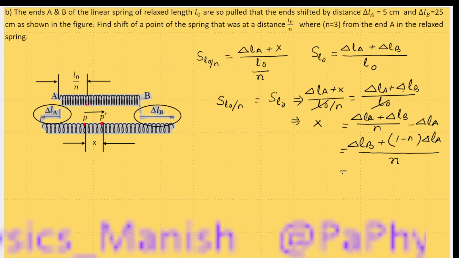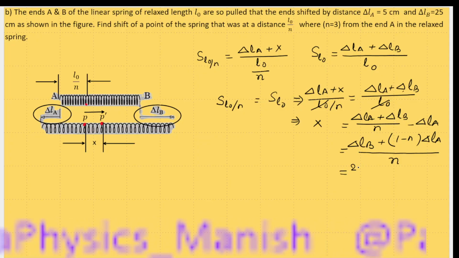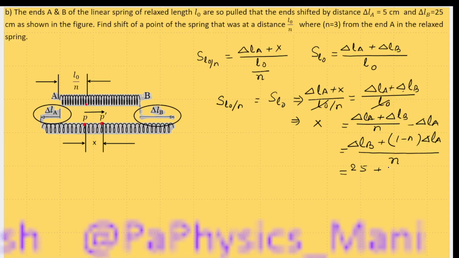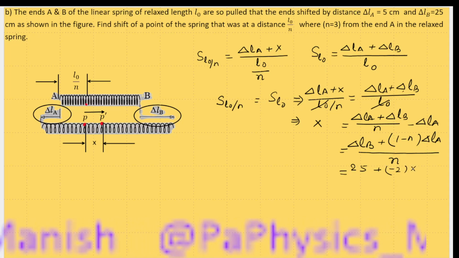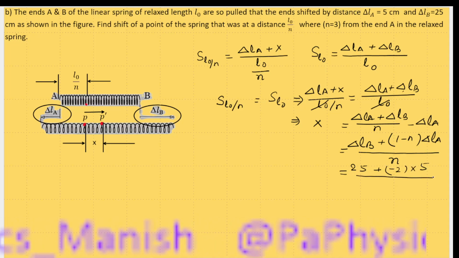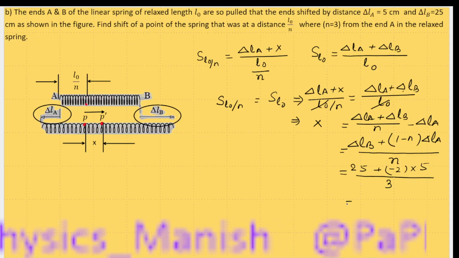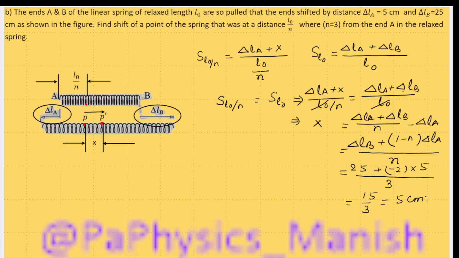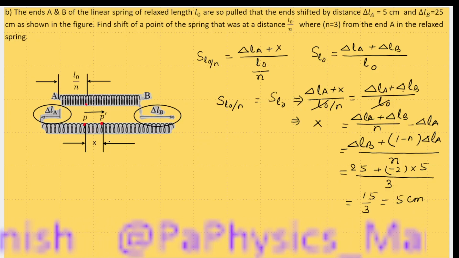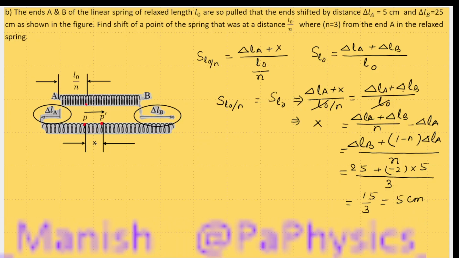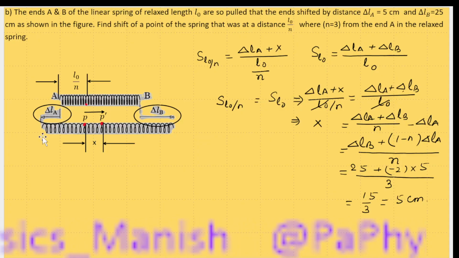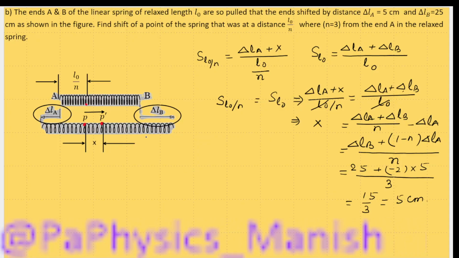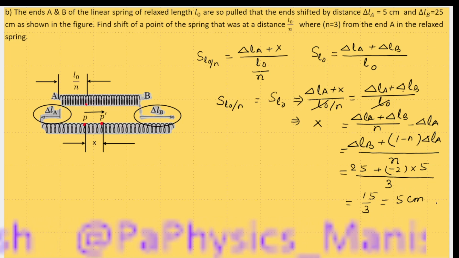So let us put the values: 25, and 1 minus N is minus 2, into delta LA is 5 centimeters, N is 3, so it is 15 by 3, that is 5 centimeters. So the rightward direction we have taken is okay, and the displacement of P will be equal to 5 centimeters. This will be the answer.